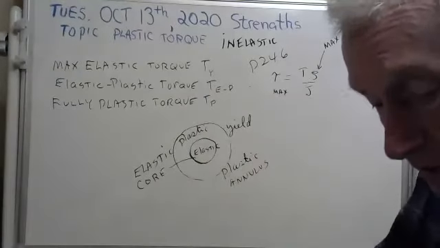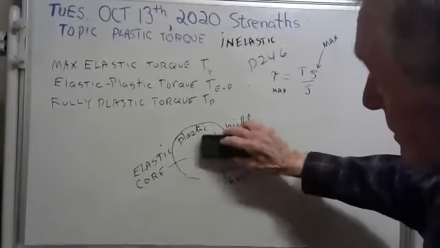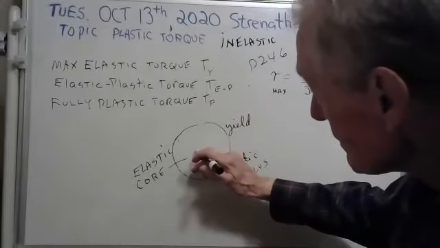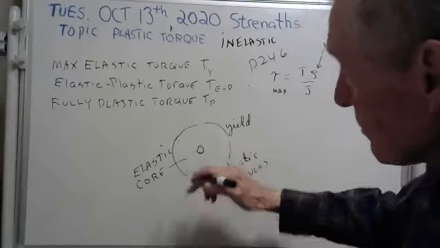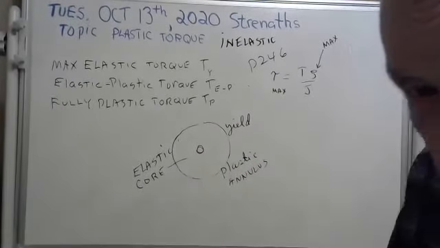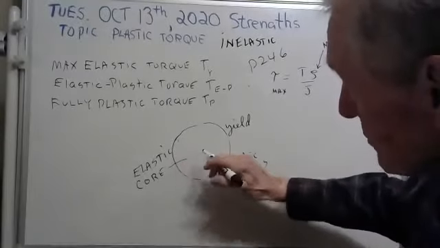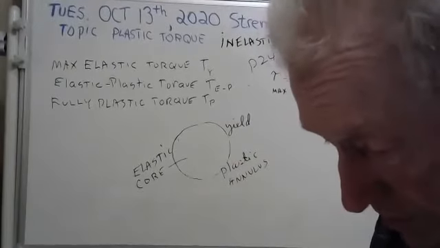You see, here's the deal. If you keep increasing the torque on this piece, the elastic region shrinks. Ooh, look, the elastic core is getting tiny. And there's a place, if you keep increasing the torque, it's just a dot and it disappears.